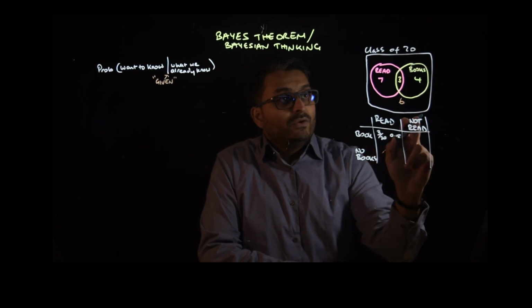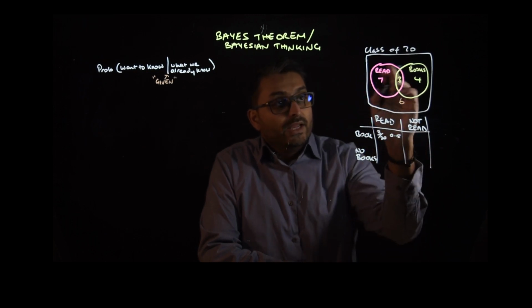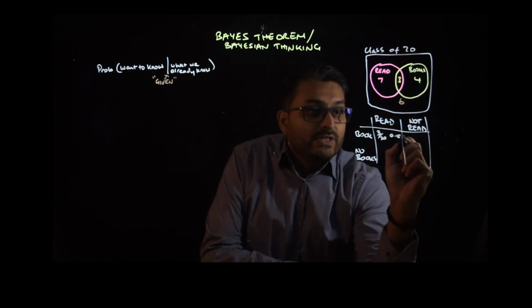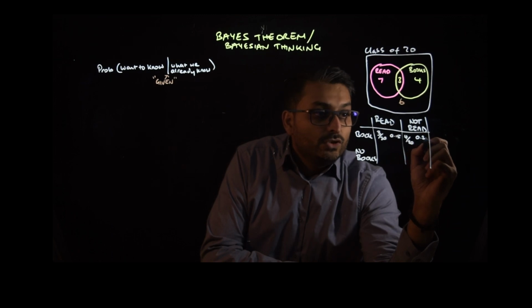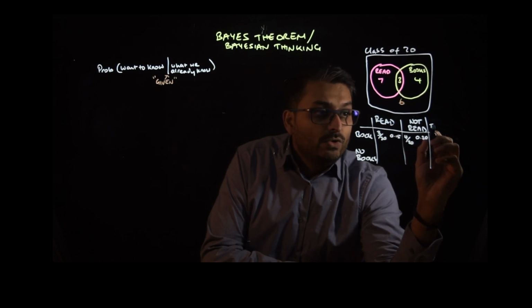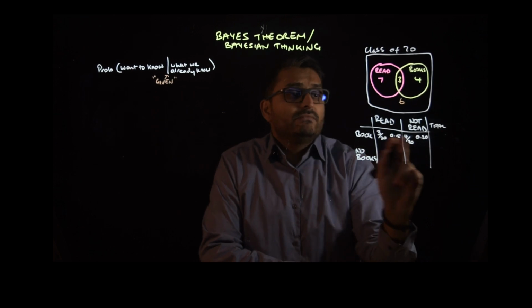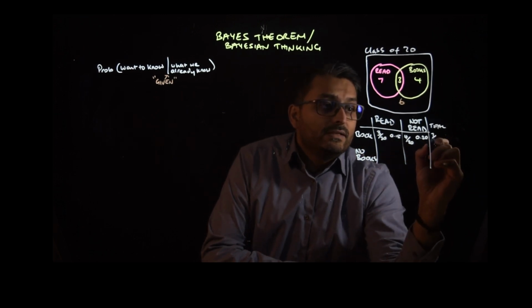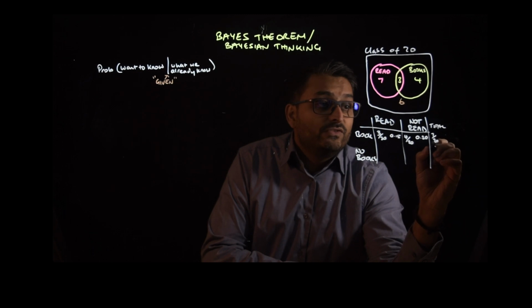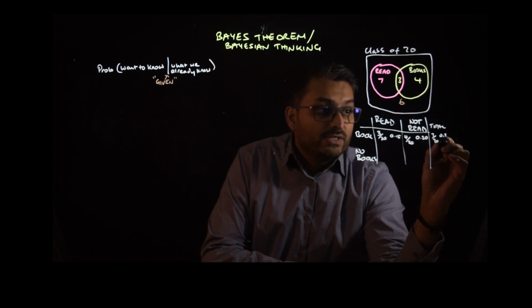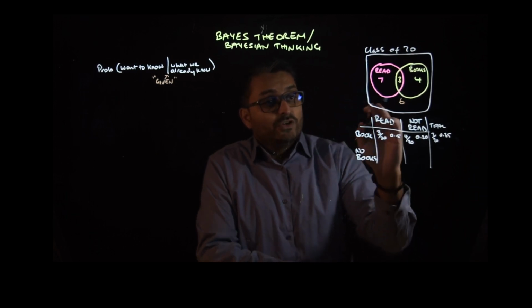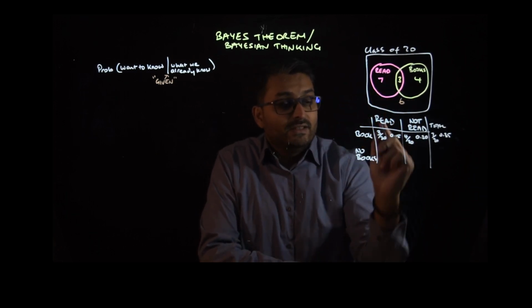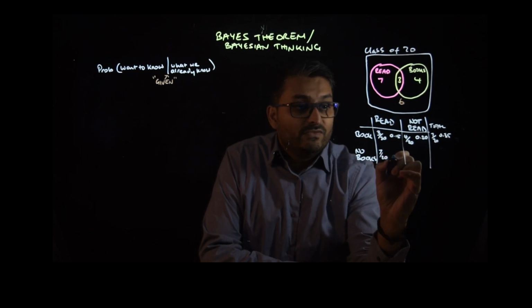If they own a book and don't like to read, it's 4 out of 20, which is 0.2. And the total, adding these two up, for whether they have a book is 7 out of 20, which is 0.35. Now in the no book section, if they do not own books but they like to read, that's this portion here. So again, 7 out of 20, which is 0.35.